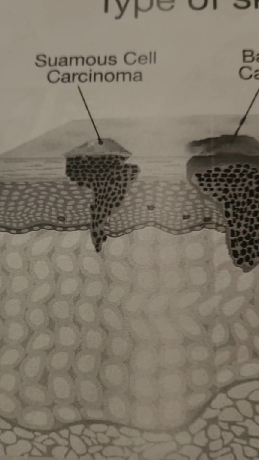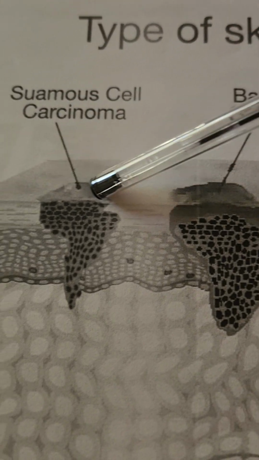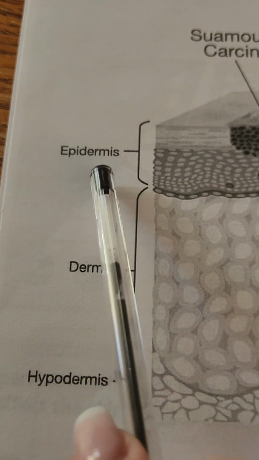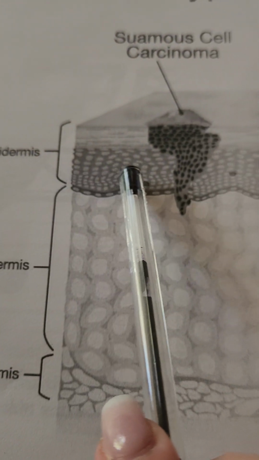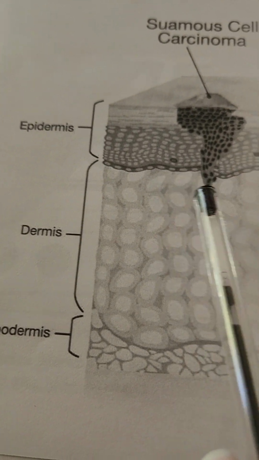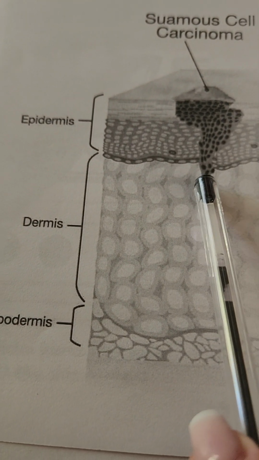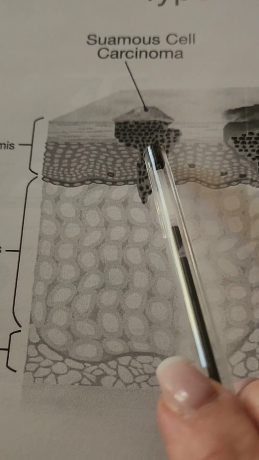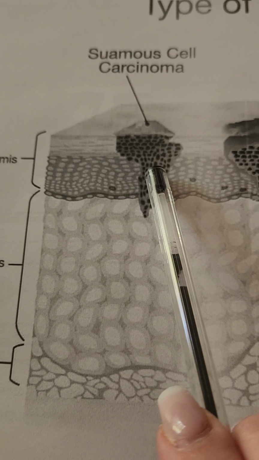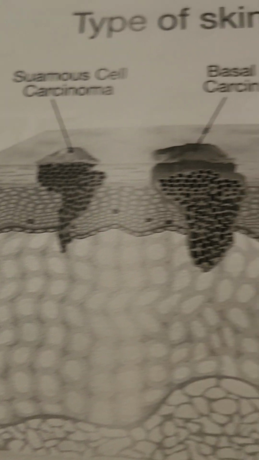So let me show you this squamous cell carcinoma, cancer of the skin. As you can see, it just stays closer to the epidermis. A little bit of the dermis, but not all the way down. This is squamous cell carcinoma.